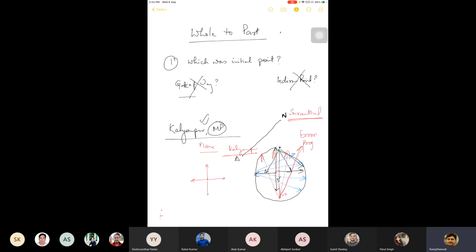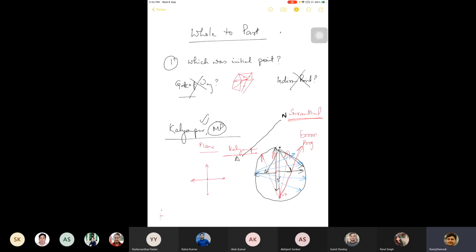Gradually we'll see that maps in any country are built from a triangulation network, and in that network you are measuring the distances and then finally finding out the coordinates. Then you start from that coordinate found by linear measurement, which has errors.